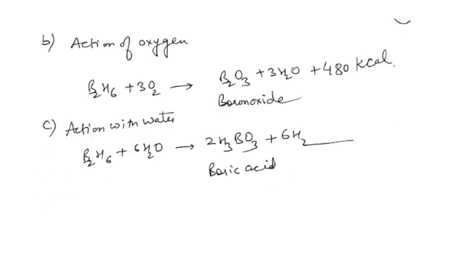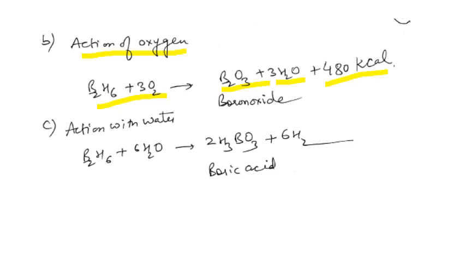The next property is the action of oxygen. As diborane is highly reactive, it reacts easily in air. When it reacts with oxygen, it forms boron oxide and water, and a large amount of heat is released.